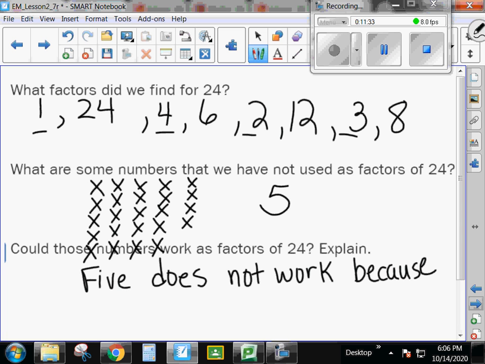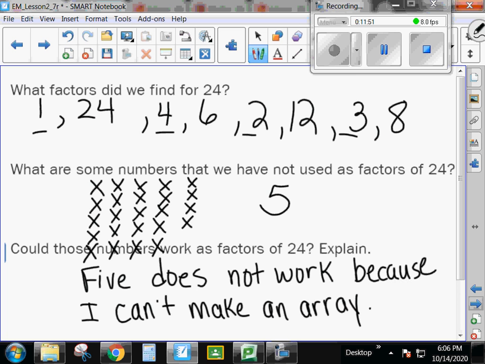I can't make an array with 5, right? Remember, with an array, I have to make sure that all of my rows are equal or all of my columns are equal. And I don't have a trombone player right there.